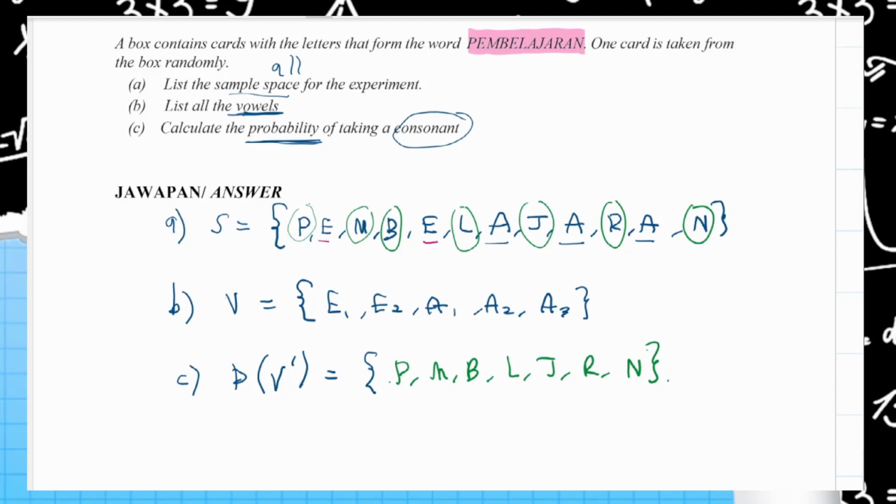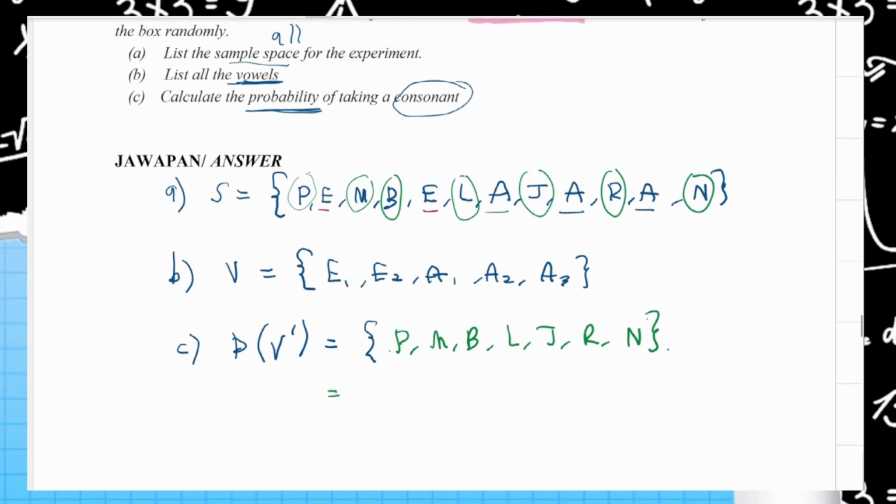Then for probability, we must find the number over the total, right? So calculate the number of V prime: 1, 2, 3, 4, 5, 6, 7. Okay, 7.